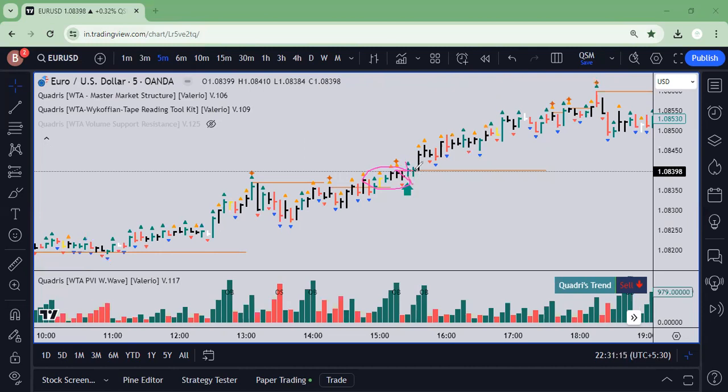Though we are on the resistance, after this absorption the force of demand is greater than supply, and this particular price behavior. So I initiated a buy trade over here.